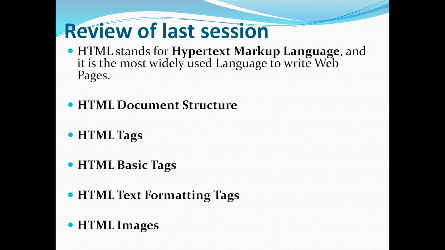Then we discussed the basic HTML tags and text formatting tags. Remember, basic tags and text formatting tags are asked as 5 mark questions. We also discussed HTML images, and how to insert an image. If you want to insert an image into your web page, we mainly use the img tag.